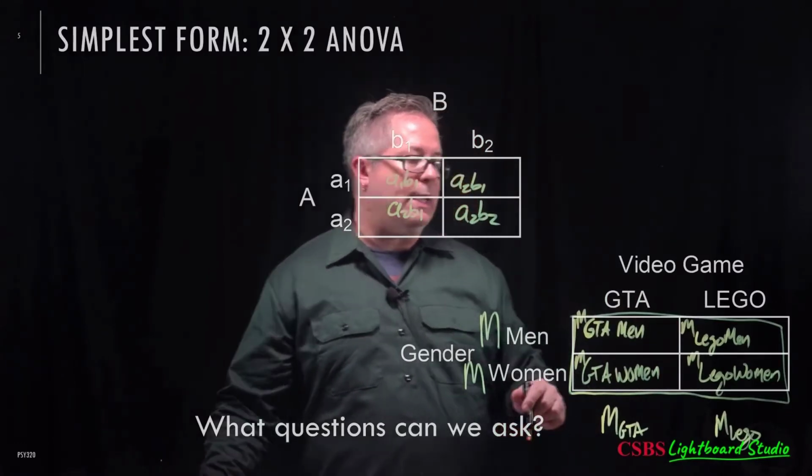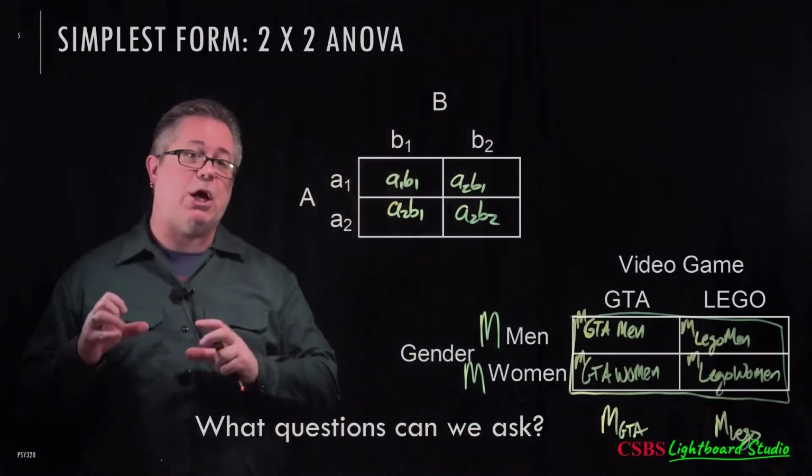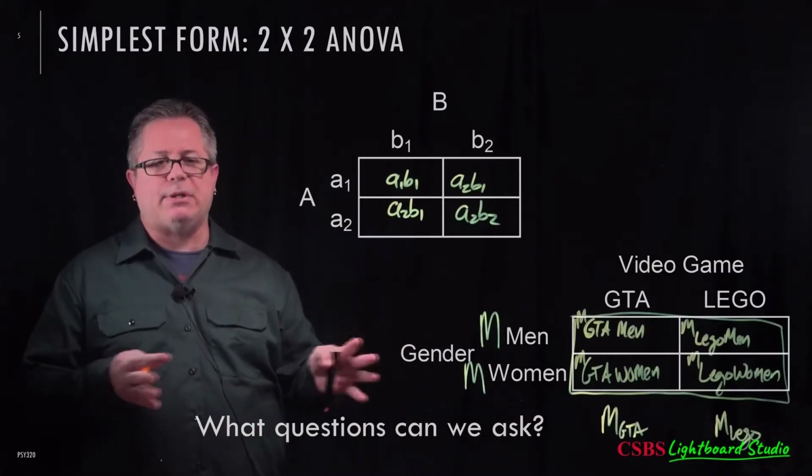So when I'm looking at an overall difference, like if I'm looking at one IV alone while ignoring the other IV, or what they call collapsing the other IV, right?